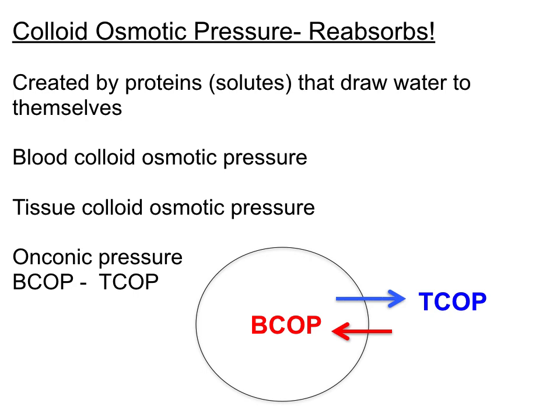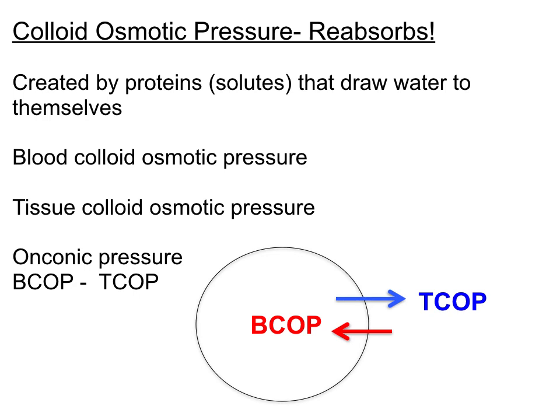Now, there is blood colloid osmotic pressure, and this pressure is created by the plasma proteins located in the blood that can never leave the blood. Now, blood colloid osmotic pressure in a healthy person is approximately 28 millimeters of mercury. So you've got this really strong BCOP that is pulling water out of your tissue, across your capillary wall, and into your blood.